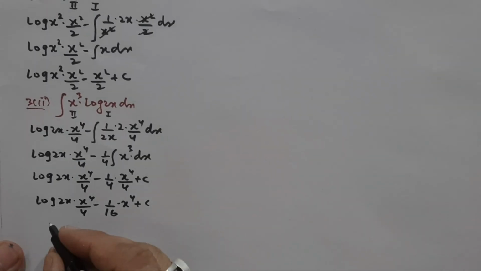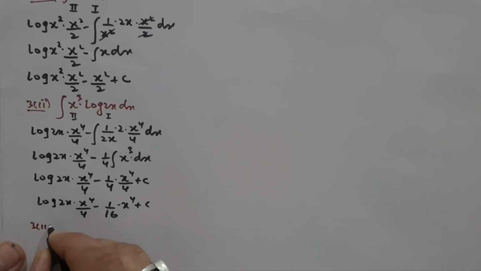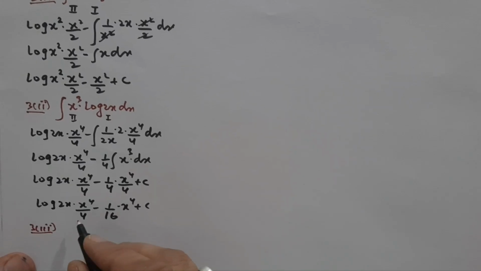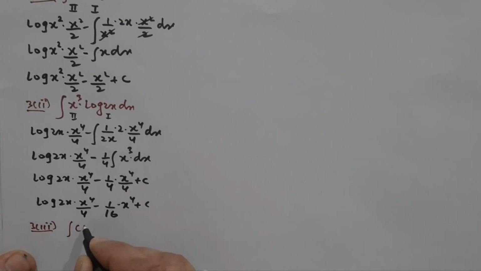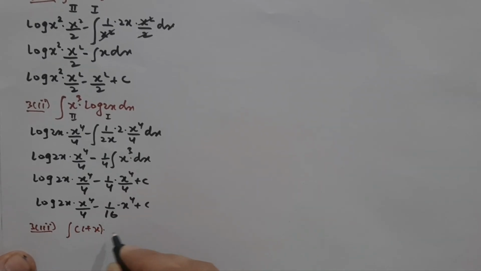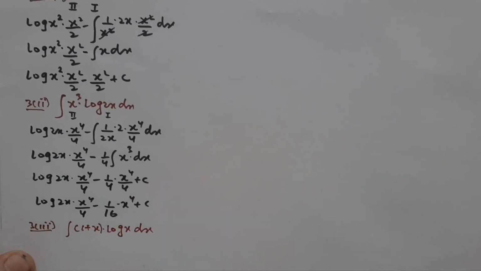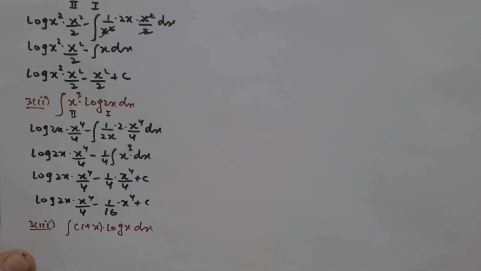Now let us move to the third part, students. The third part is integrate 1 plus x log x dx. In the same way, there are two functions, one is an algebraic function and the other is a log function.